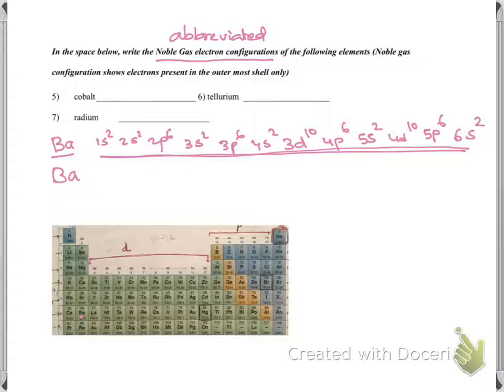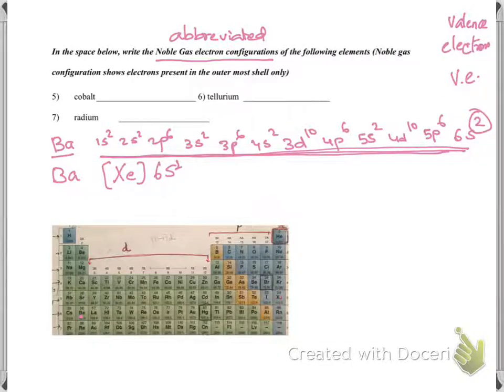xenon 6s2. So here, when you look at the electronic configuration, the electrons that are present in the outermost shell are known as valence electrons. And these valence electrons are the electrons that are basically used in any type of chemistry.